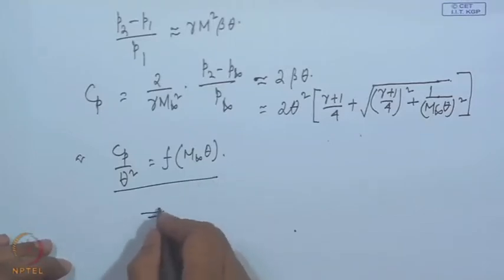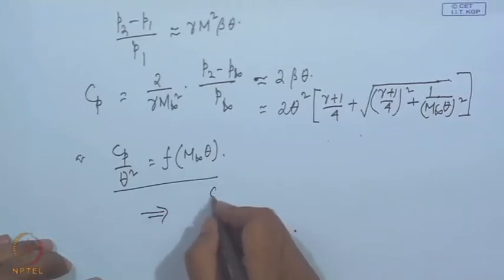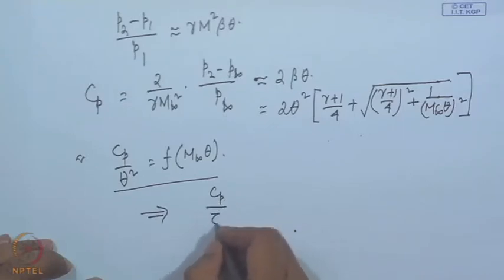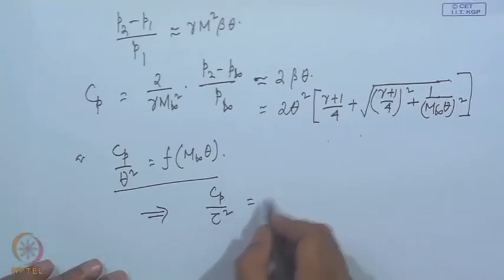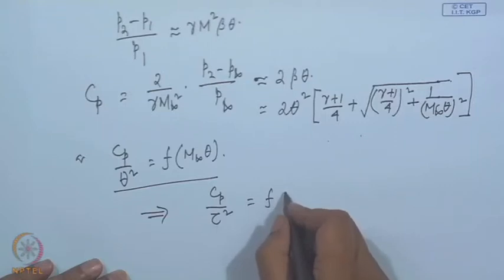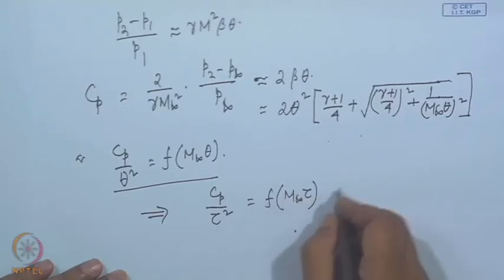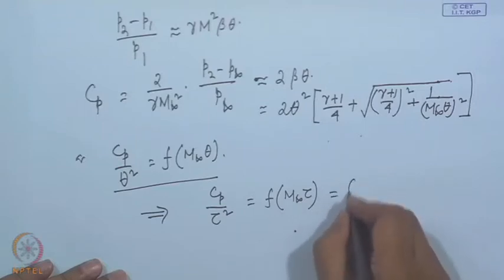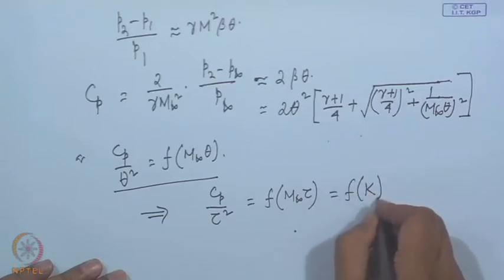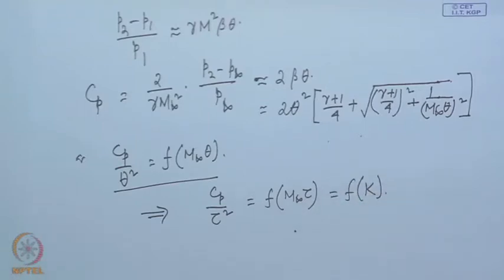This can again be written as Cp by tau square is a function of M infinity tau, so this is the hypersonic similarity rule.